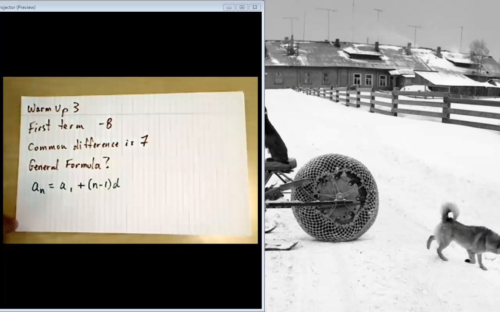With a closing bracket in there, n minus 1 times d. That looks good. So from the info we have here, what do we know?